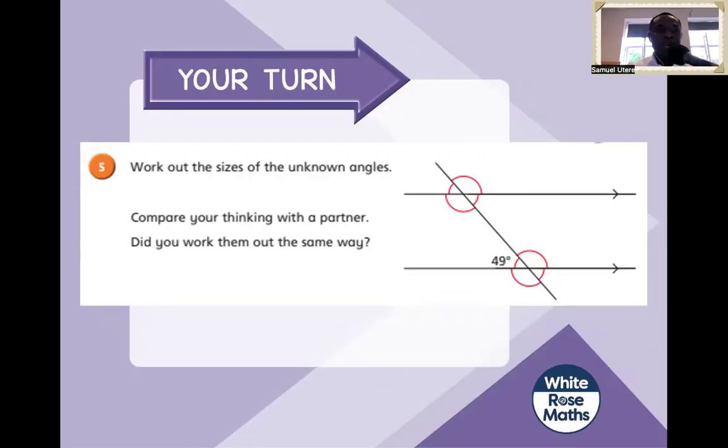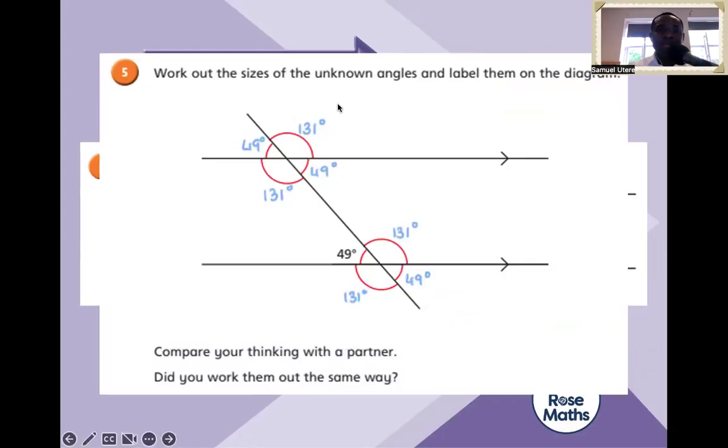Assuming you've paused the video and you've answered question 5, here are the answers. Here you were asked to work out the sizes of the unknown angles and label them on the diagram. We know that's 49, so that should be 49 because they are alternate angles.